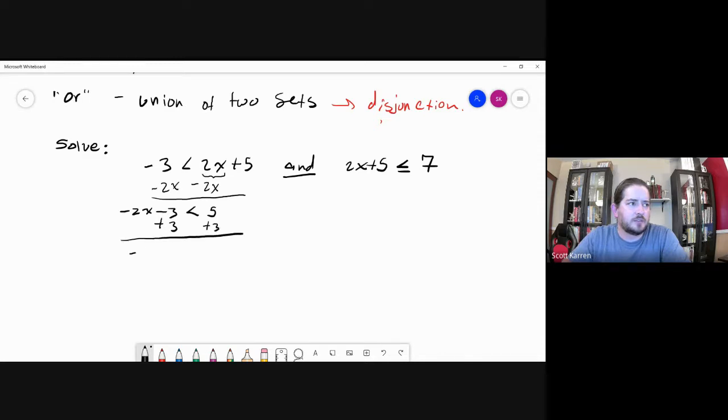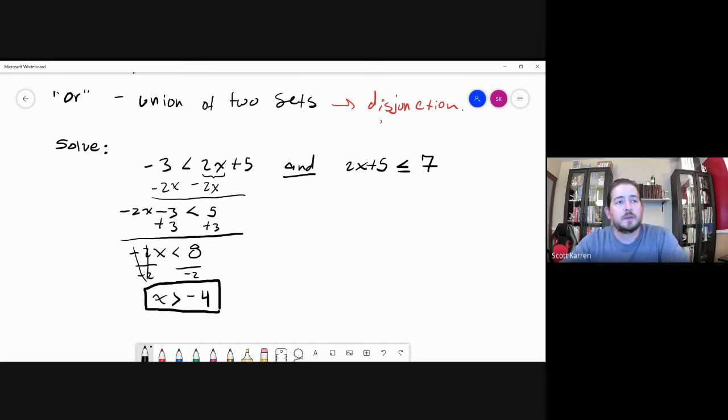That gives me negative 2x is less than 8. And then, of course, when I divide by a negative, this gives me x is greater than, because I have to turn that inequality around, negative 4. That's one of the conditions.